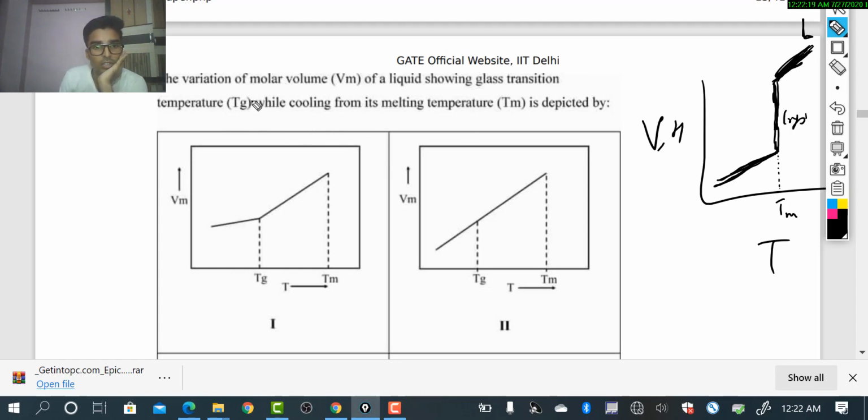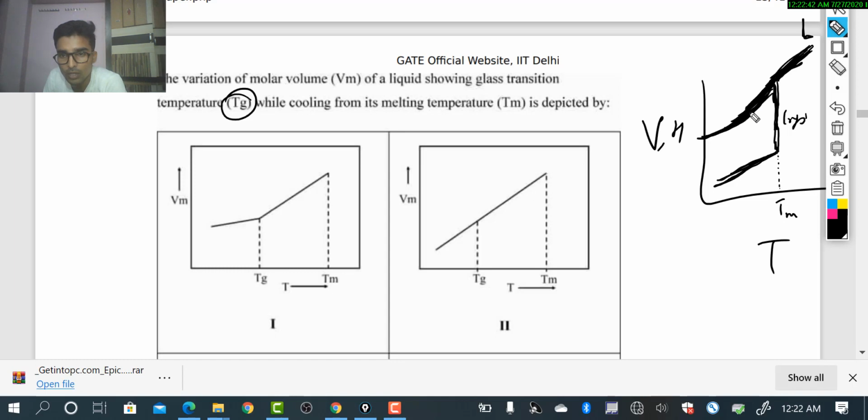So this is asking for the Tg. Where do we get Tg? Tg is for polymeric or amorphous material like glass. For amorphous material, the curve goes with a gradually changing slope, meaning there is no sharp change.